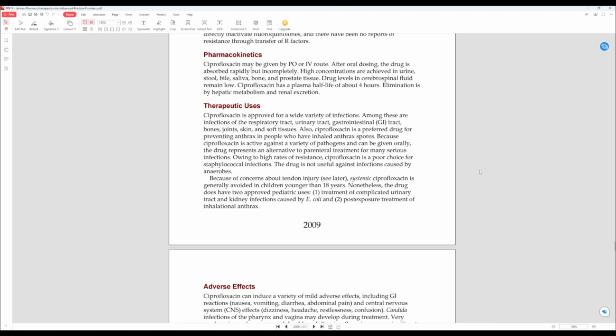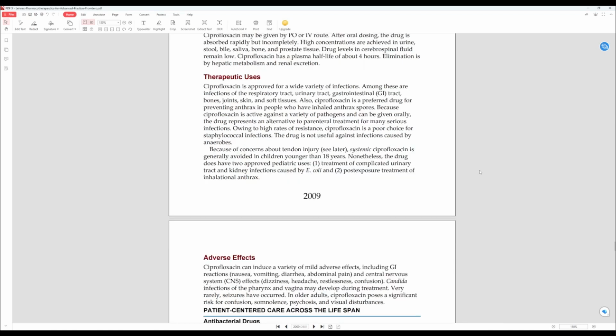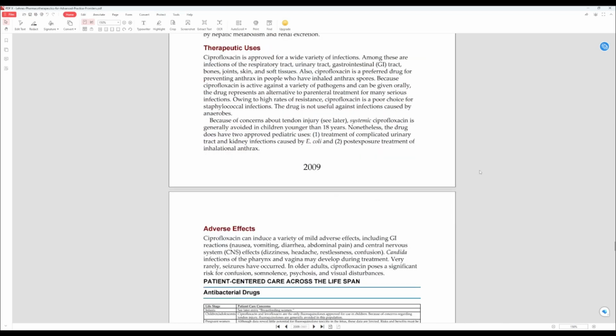Its therapeutic use. Ciprofloxacin is approved for a wide variety of infections. Among these are infections of the respiratory tract, urinary tract, gastrointestinal tract, bones, joints, skin, and soft tissue. Also, ciprofloxacin is a preferred drug for preventing anthrax in people who have inhaled anthrax spores.